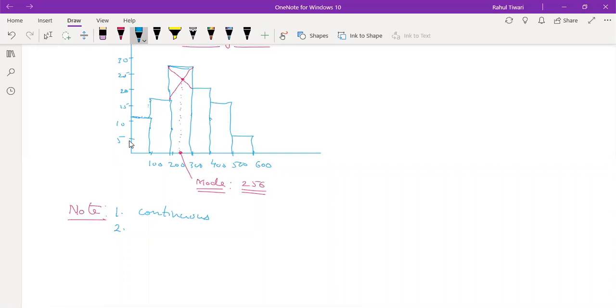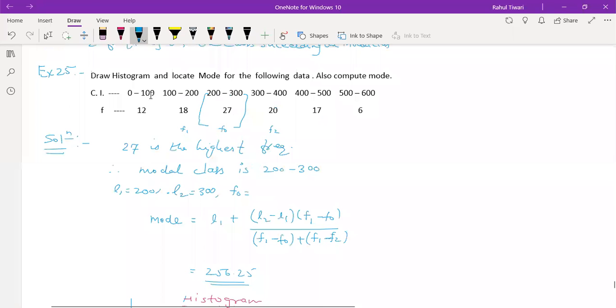Second one, if it is not continuous, then one can make it continuous, no problem. Second one, width should be same. Width means class width. So if you look at 0 to 100, 100 to 200, 200 to 300 and so on, you can see the class width is same. Getting my point?